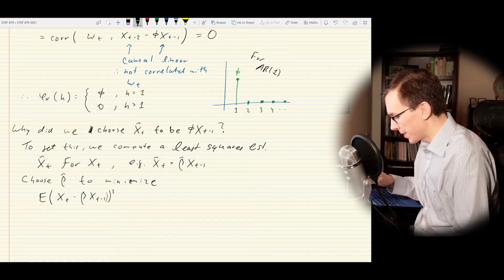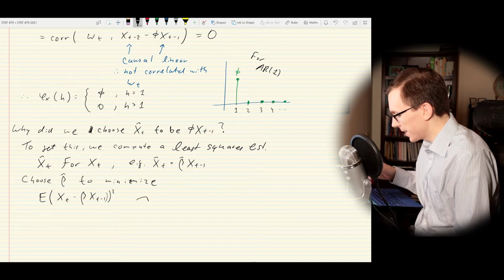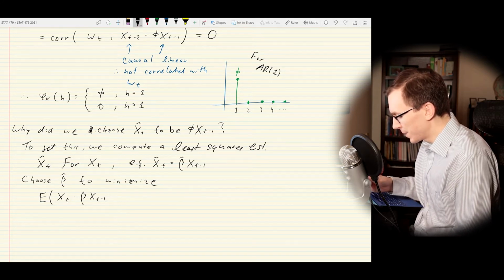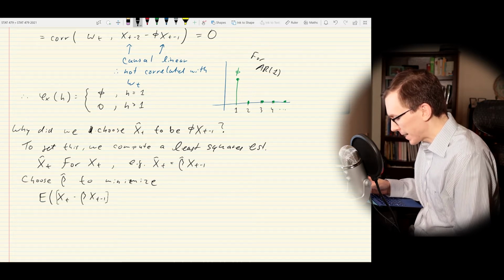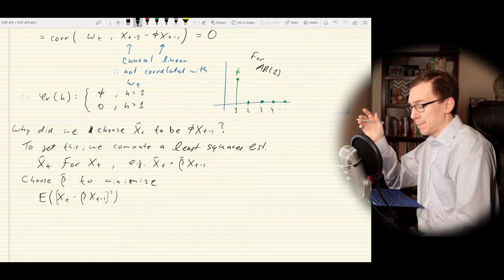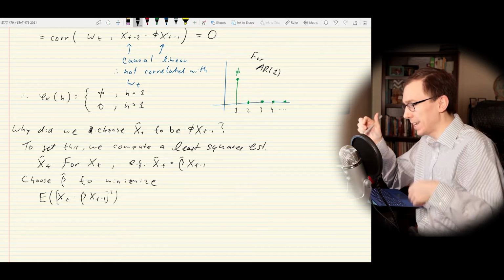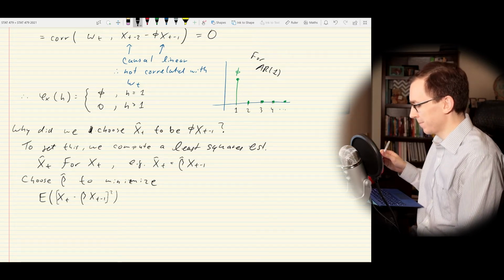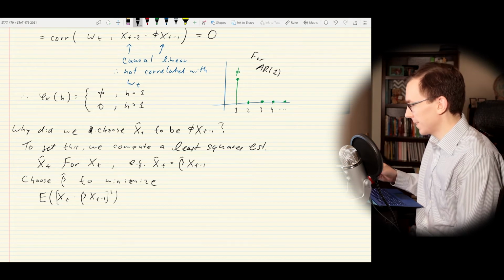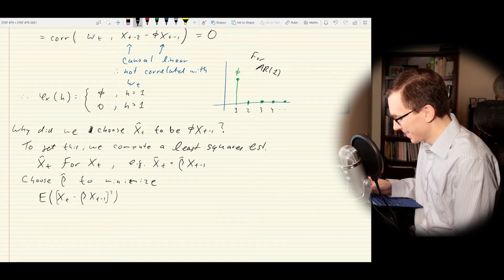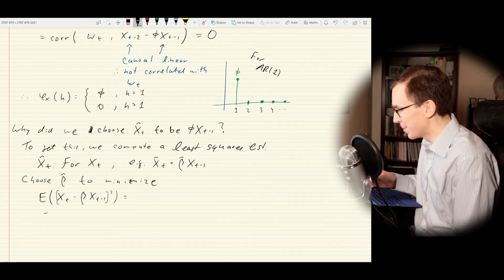Let's do a double bracket, just to indicate that I'm taking the expected value of that thing, the expected value of the square of that difference. Just to make it as hopefully as clear as possible.